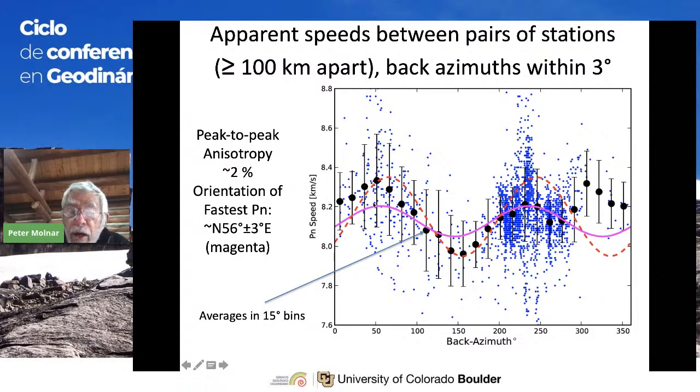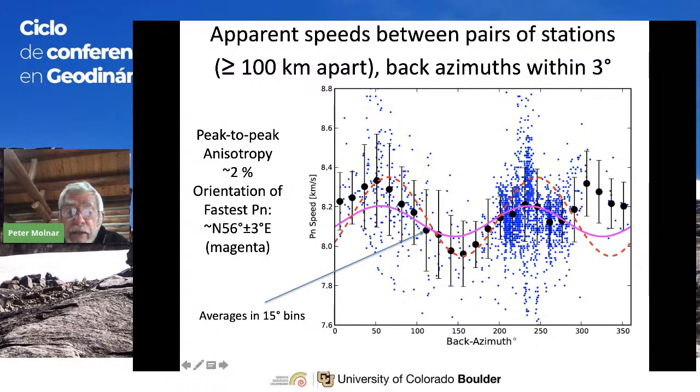You can see large errors, but you can see a pattern that looks anisotropic, with the faster orientations aligned near plate motion, north 60 east. The slower orientations perpendicular to that. Perpendicular to north 60 east would be north 140. North 140 east would be the slow orientation.